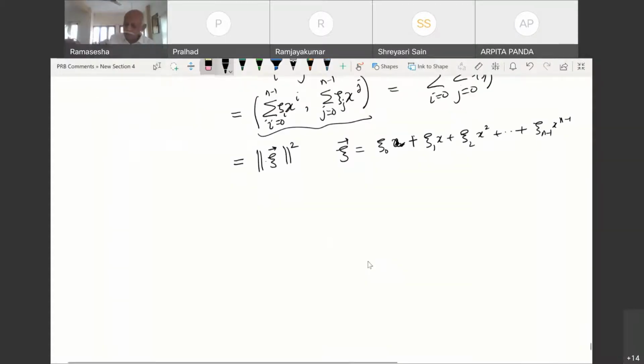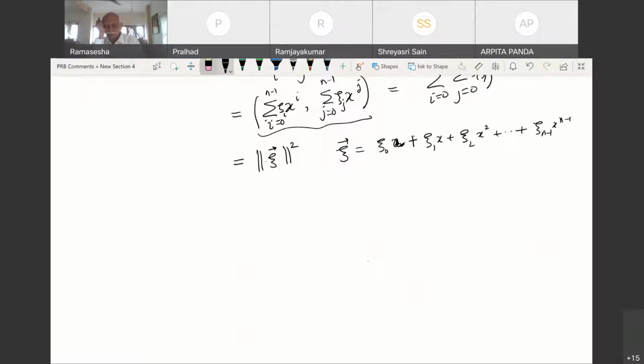Okay, so what can you say about norm psi squared? What is the condition? What is the property of the norm of a function, the way it has been defined?